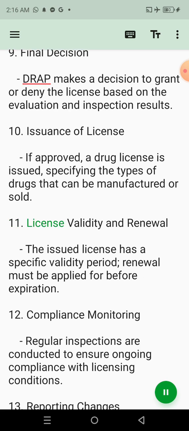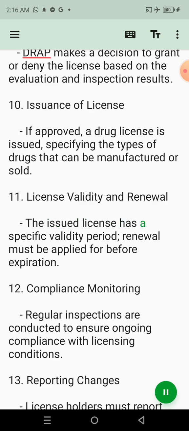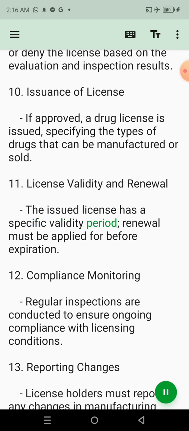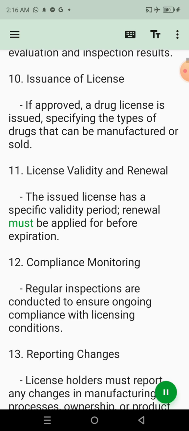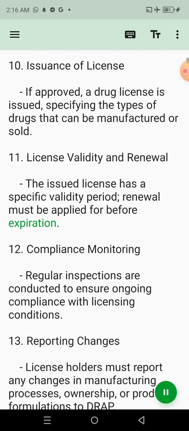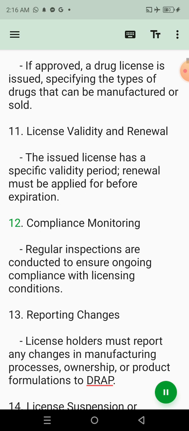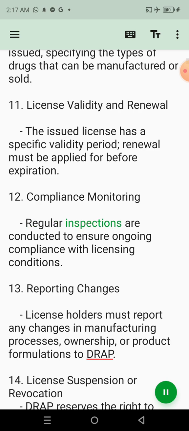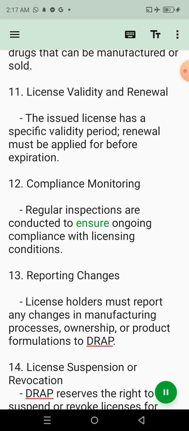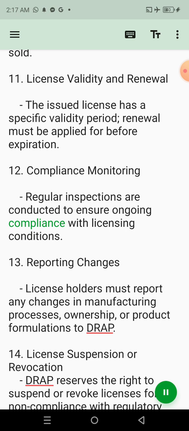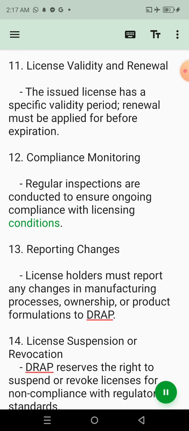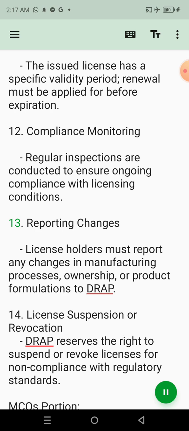11. License validity and renewal. The issued license has a specific validity period. Renewal must be applied for before expiration. 12. Compliance monitoring. Regular inspections are conducted to ensure ongoing compliance with licensing conditions. 13.